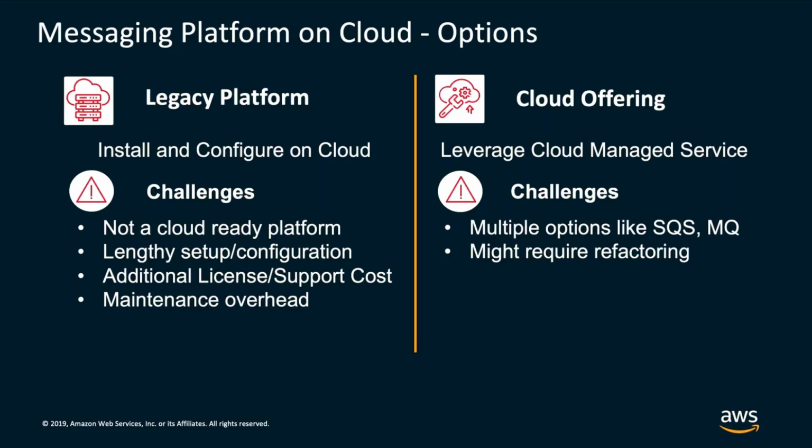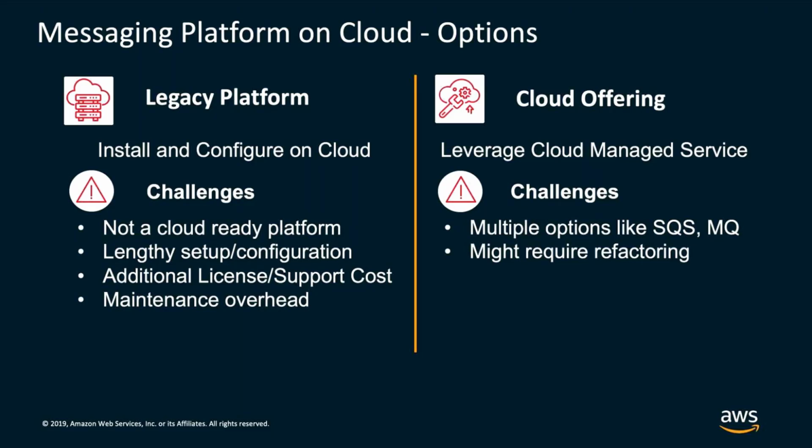Are we going to install and configure that legacy platform on the cloud, or are we going to leverage any cloud managed services that AWS offers? Now, everything has its own challenges. For example, if we decide to set up and configure our legacy platform on cloud, number one, our legacy platform may or may not be cloud ready, depending on the vendor you may choose or you may have.